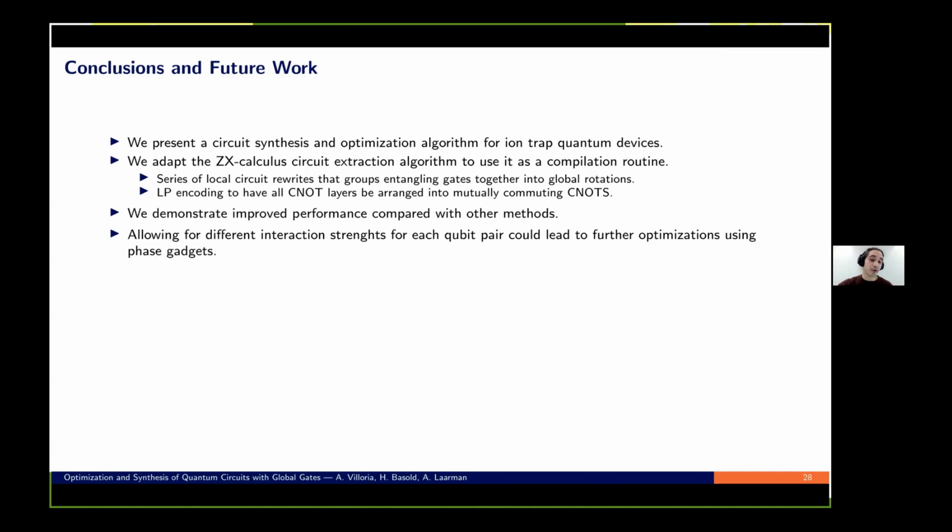We could leverage this technique. And I think in general, exploring how modifications on circuit extraction can accommodate hardware restrictions can be quite interesting. It would be nice to see more work on this side.